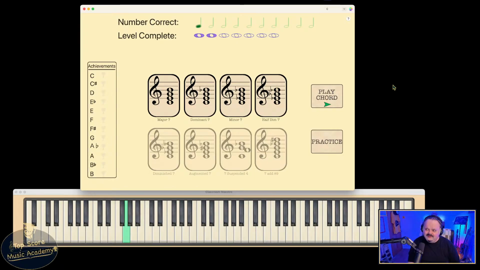I'll find it. That's a diminished seventh chord there. Okay, so the only one I could think of in Pink Floyd was that chord there. There it is in Shine On You Crazy Diamond.